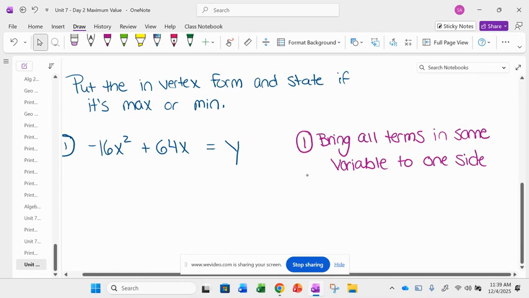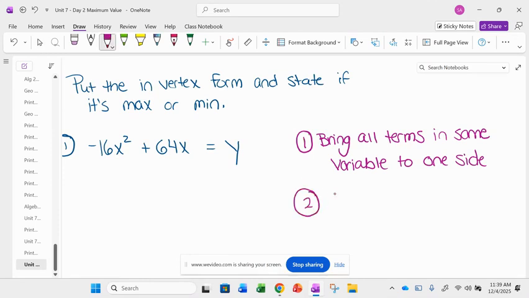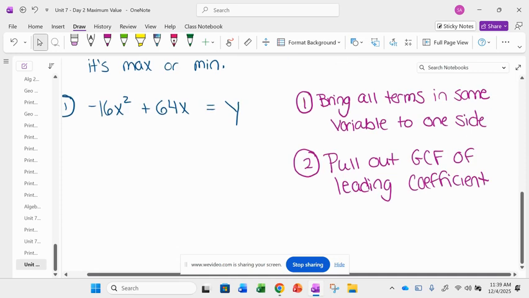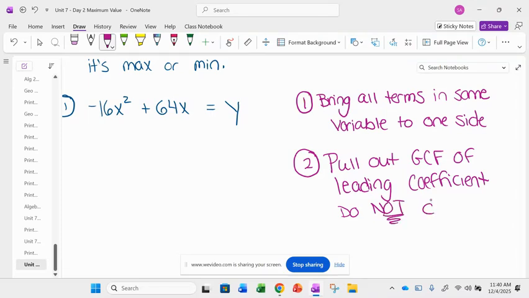Yeah, we have that. Then what we want to do is pull out the GCF of the leading coefficient. Do not divide it out on both sides.